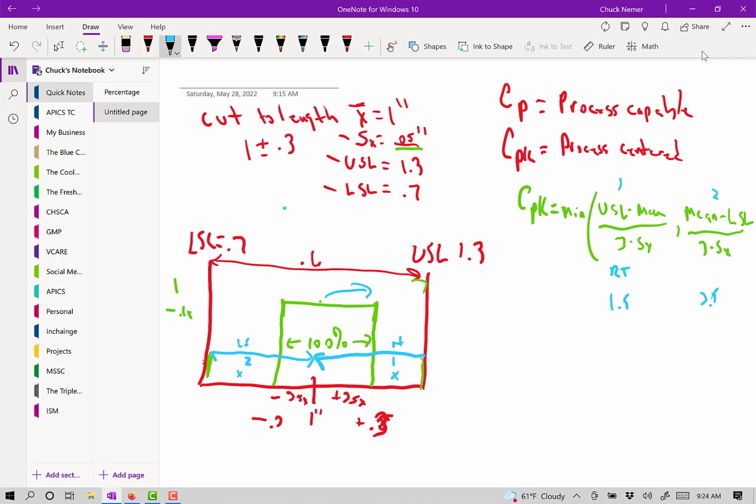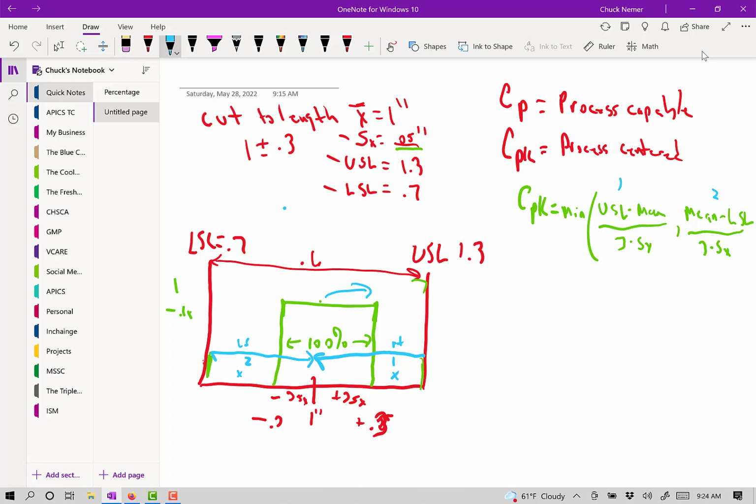So if I look at the minimum, that's the one that's closest to the edge. And if I can get it at least 2, then I'm back to CP, that I'm still process capable. But if these two aren't equal to each other, I still have an opportunity to center things or shift back to the center. So that'll be a concept you'll probably want to replay a couple times here.